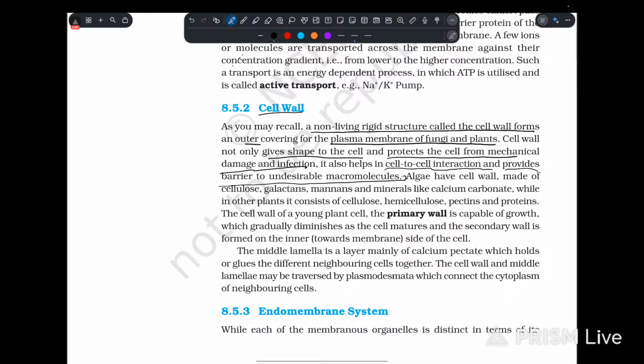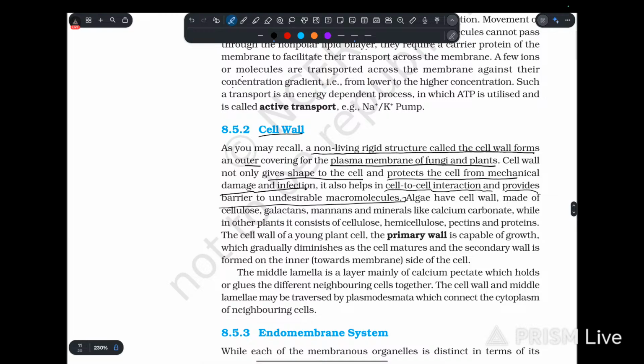One more thing: the cell wall is not alive, it is sort of dead. It does not control which molecules come into the cell. Now you will say that is contradictory, since I just said it protects the cell. How the cell wall protects the cell from undesirable macromolecules is in the word: macromolecules means they have a large size.